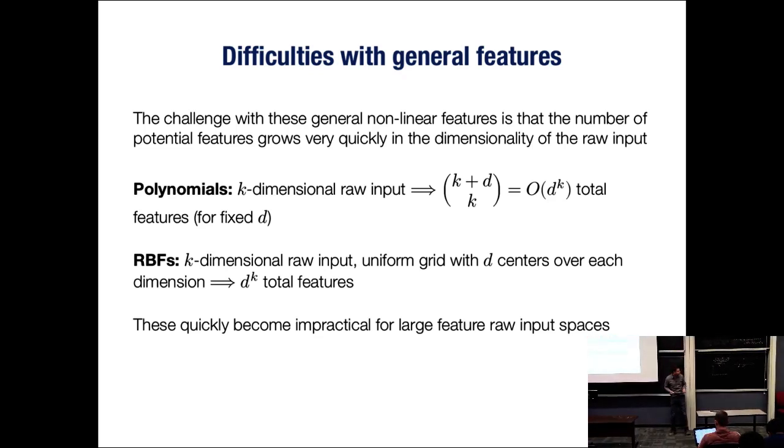Because essentially, I take an inner product of my parameters and the feature vector, right? So that will be some linear combination of those things. So my final functional form is actually going to be a sum of these different functions.